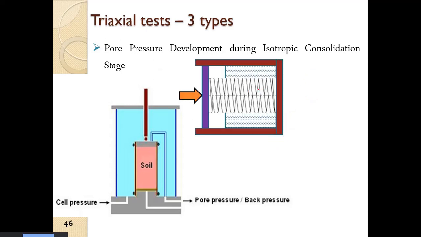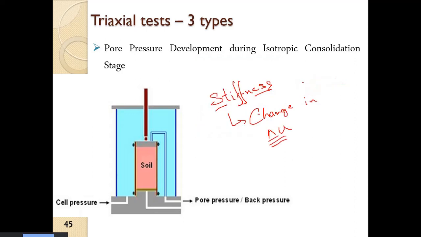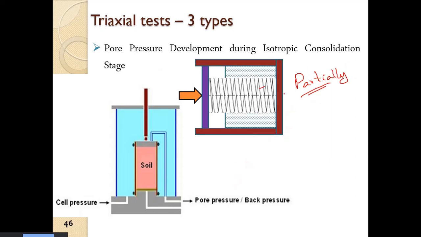If the soil is partially saturated, a B parameter less than 1 simply does not mean that the soil is over consolidated. If the soil is partially saturated, what we have is air and water.